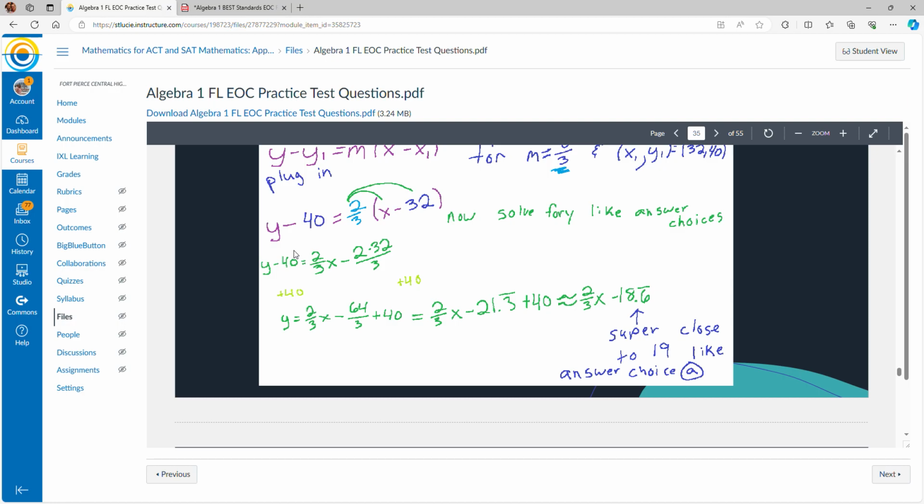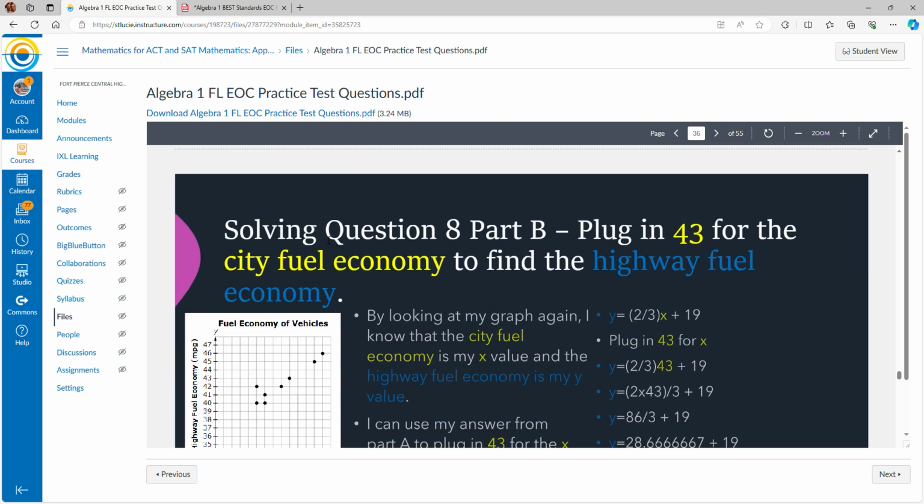And then I added 40 to both sides, which gave me y equals 2/3 x minus 64 over 3 plus 40, which simplified to about 2/3 x plus 18 over 6 repeating, which was super close to 19, just like answer choice A. So I got my answer. Part A was A for number 8.